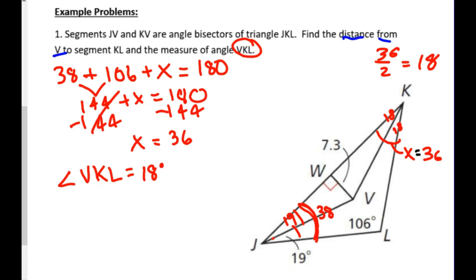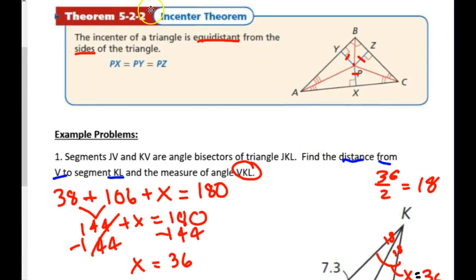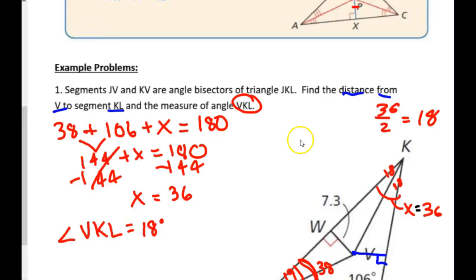Okay. So what I do is draw a little segment here. This is supposed to make a right angle. Now, do we know anything about from the center to the edge? What did we learn about from the center to the edge? Equidistant, right? They're equidistant. So from the incenter to the edge is always equal.